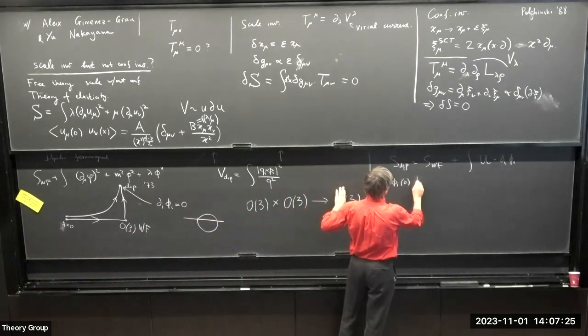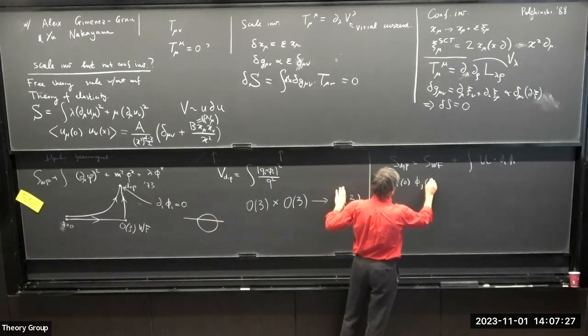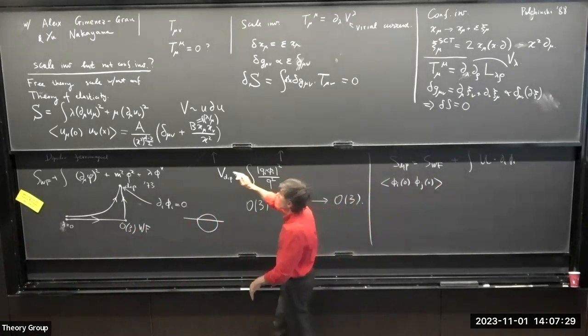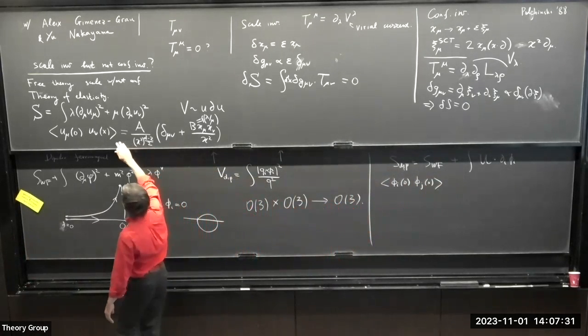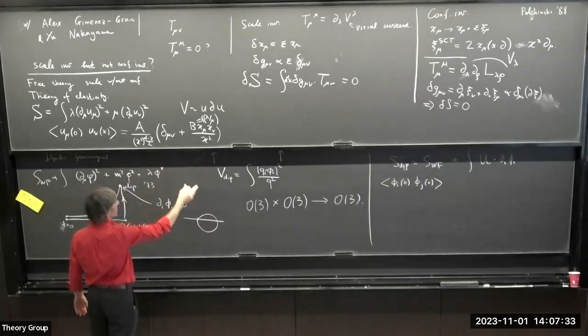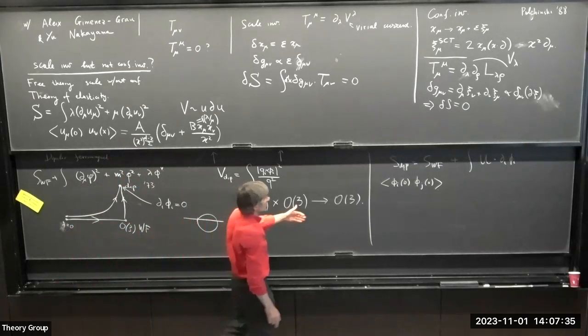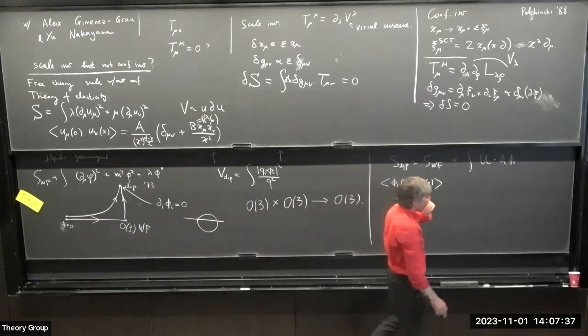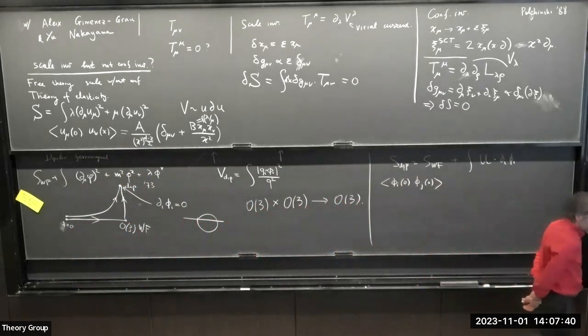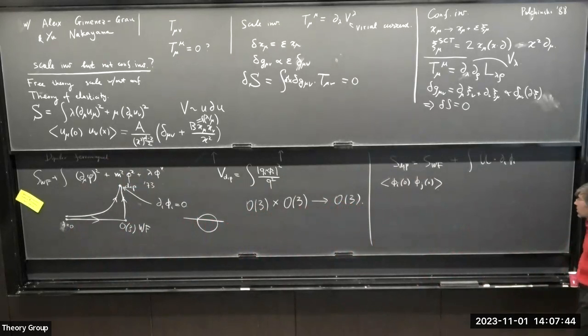Just like before, where I convinced you that the theory of elasticity couldn't be conformally invariant by looking at the 2-point function, let us try to look at the 2-point function of phi and see whether there is something about it which tells us right away that this cannot be.